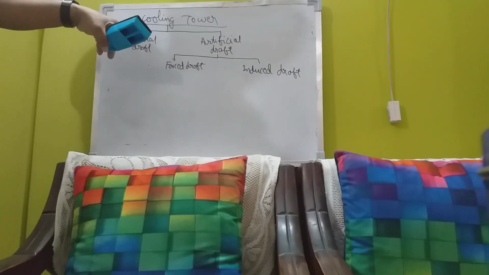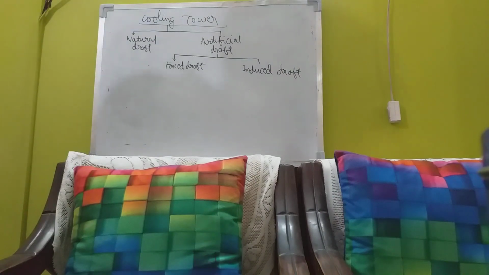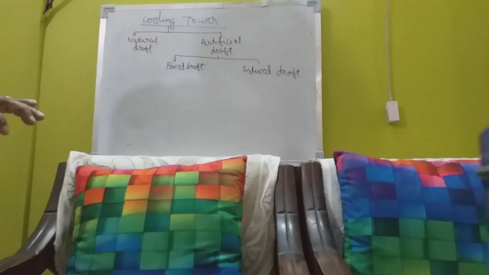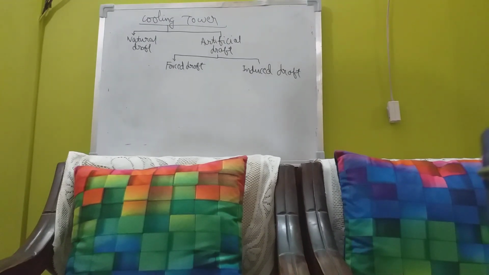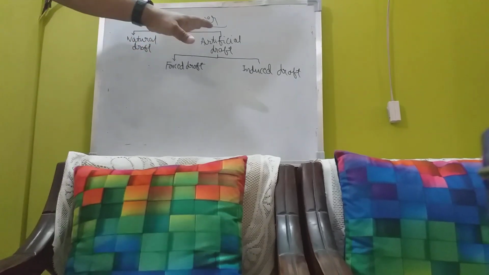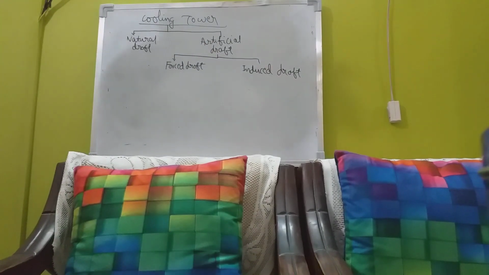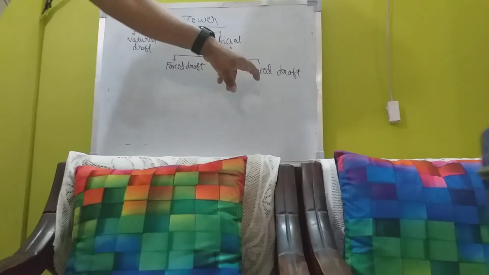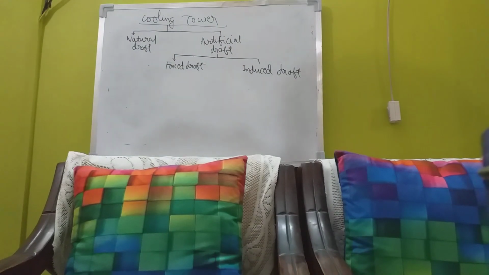One is natural draft, then there is artificial draft. Natural draft, the name implies, is natural. There is no artificial handling of the air or water here. In case of artificial draft, we are artificially handling the air or water system. Artificial draft is again of two types. One is forced draft, one is induced draft. Now we will draw all these types of cooling towers.